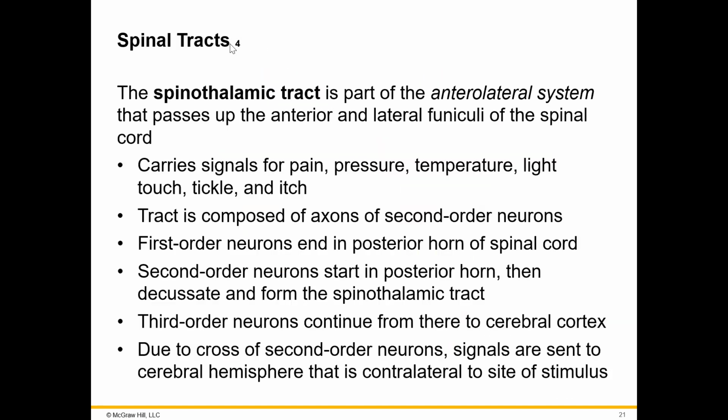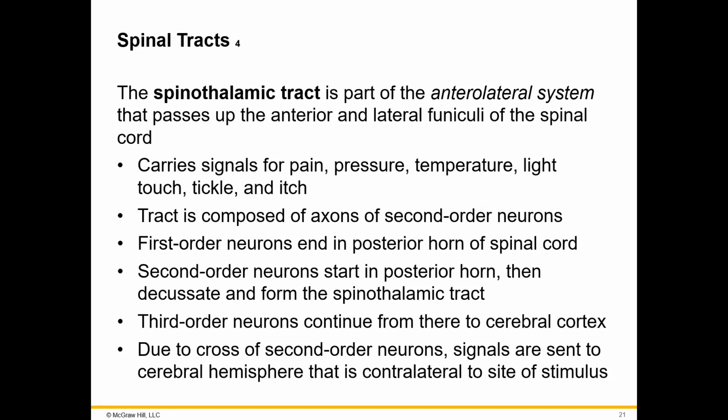Now look at this name. What kind of name is that? Spinothalamic. From the name, what kind of track is that? Is that ascending or descending? Ascending, because it goes from the spinal cord to the thalamus. Spinothalamic, going up.